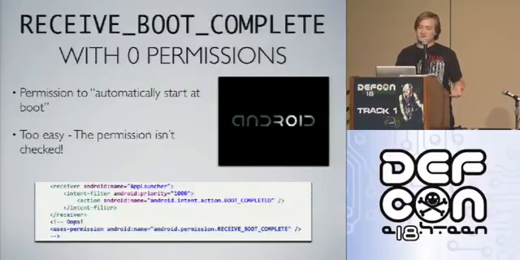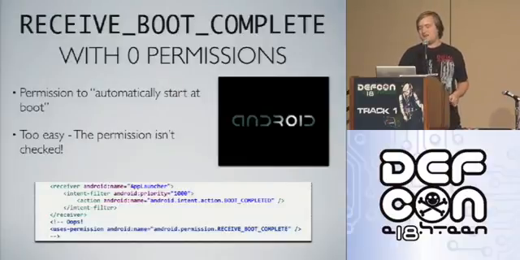So this one is a little embarrassing because you can just comment out the request for the permission and it still works. Works in all Android versions. So any app can start on boot regardless of whether or not they ask for permission. And so you can imagine you could combine that with the previous toast in a loop and you would have a phone that would be rebooting every 20 seconds.